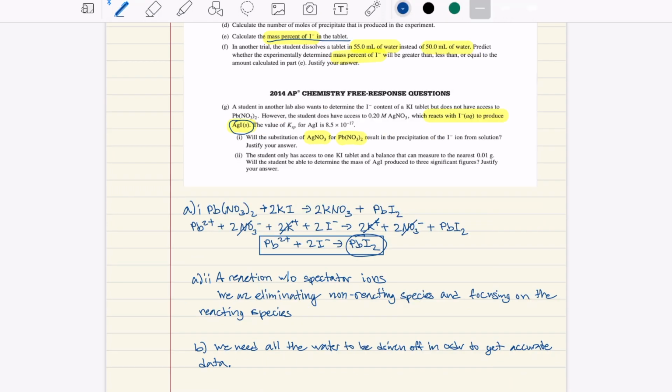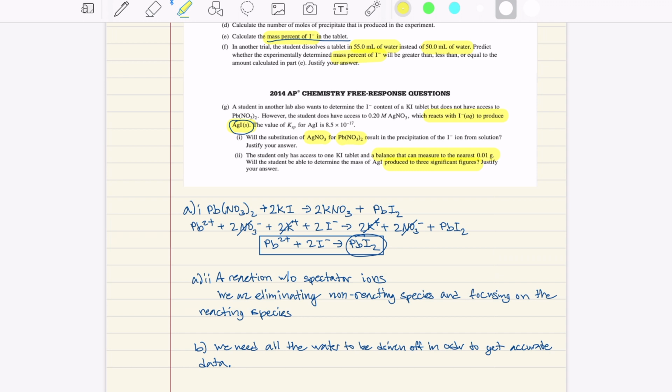So let's move on to part 2 of question G. The question says, the student only has access to one KI tablet and a balance that can measure to the nearest 0.01 grams. Will the student be able to determine the mass of AgI produced to 3 significant figures? Justify your answer. The important parts are that the balance measures to the nearest 0.01 grams and that he or she wants 3 significant figures.